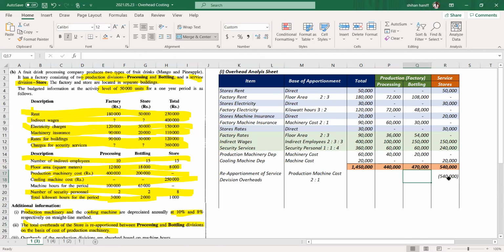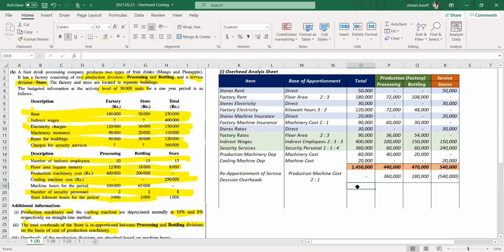Stores department cost will be distributed to bottling and processing 2:1. So 540,000 divided by 3 into 2. 540,000 divided by 3 into 1.